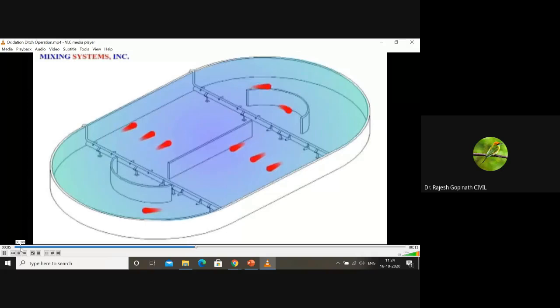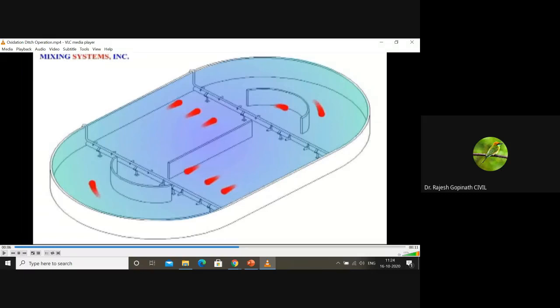So when this movement is taking place, the wastewater is getting mixed, and the microorganisms remain suspended, because you will have an aeration mechanism happening. Remember that this is not a settling basin. That is why after this, we have a secondary clarifier.